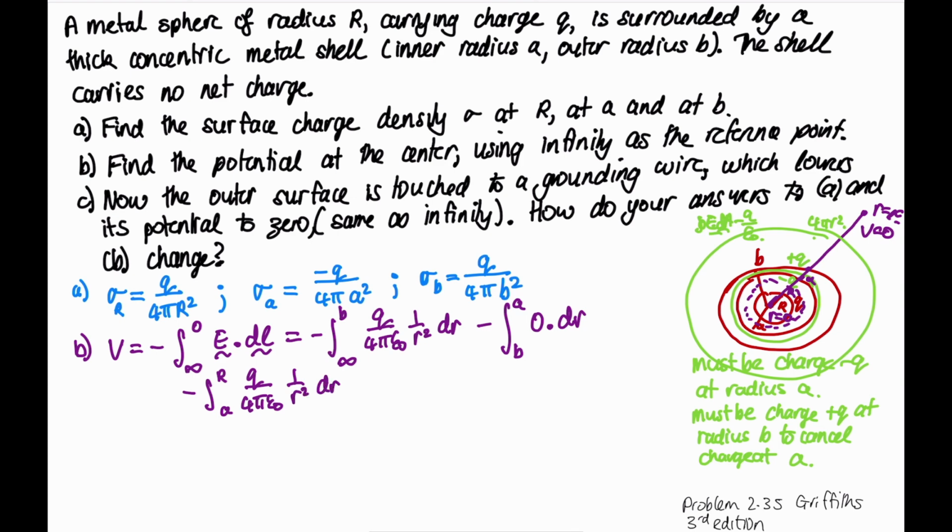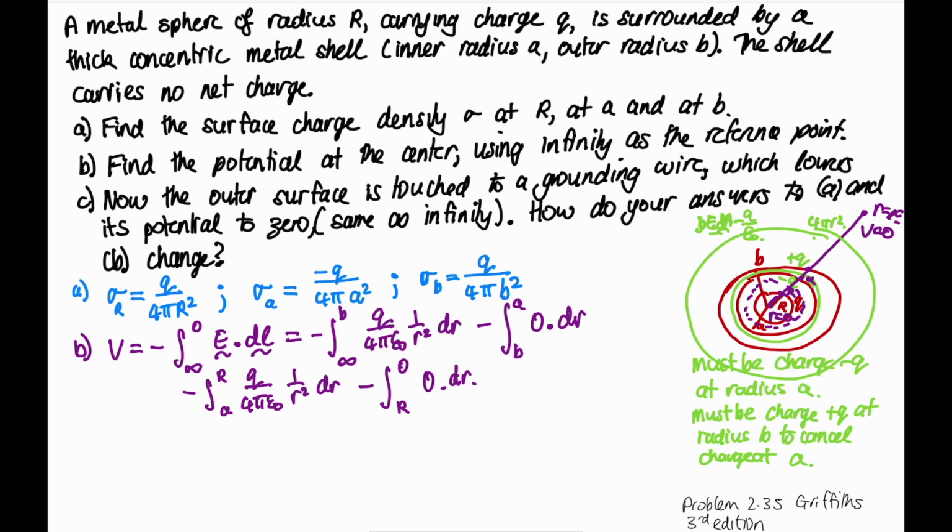And then we need to go from the surface of this sphere to the center here. So then we've got minus the integral from R to 0, and the electric field is 0 there because we are inside a conductor.